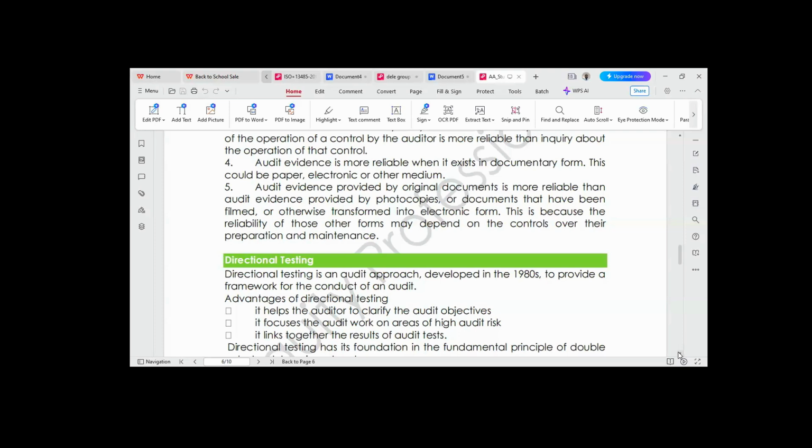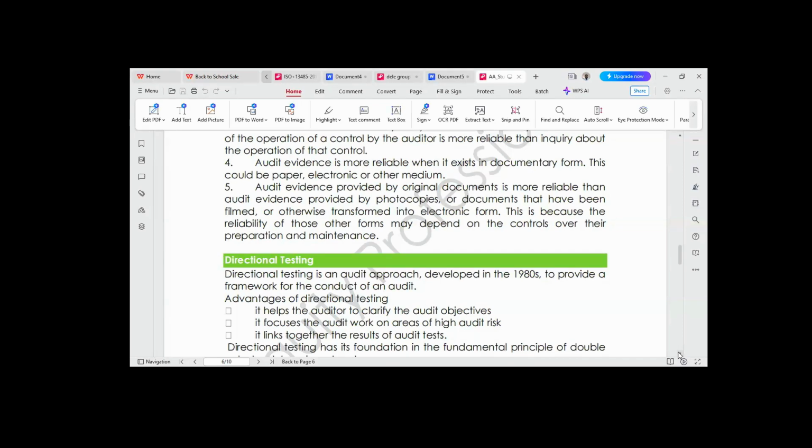So where you have high audit risk, what do you mean by audit risk? The risk of giving a wrong audit opinion. That is audit risk. So when you say high audit risk, it means that the audit opinion will be incorrect. The risk of giving an incorrect audit opinion, that's what we call audit risk.